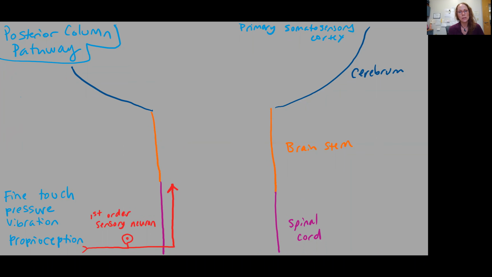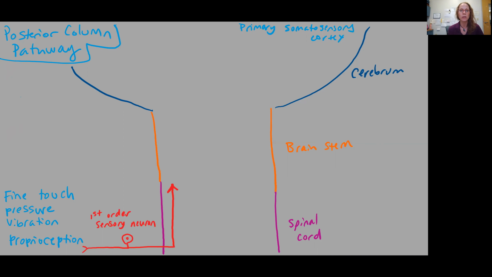So what we're going to see is that sensory information is collected by a special receptor cell, and that cell is synapsing onto what we call the first order sensory neuron. This is the neuron that is taking that information to the spinal cord.